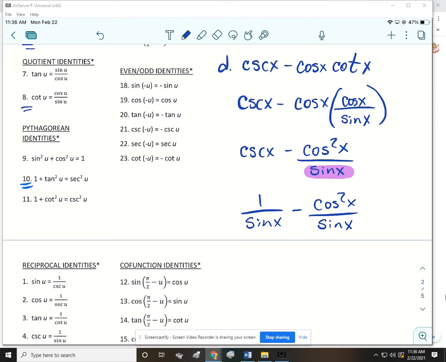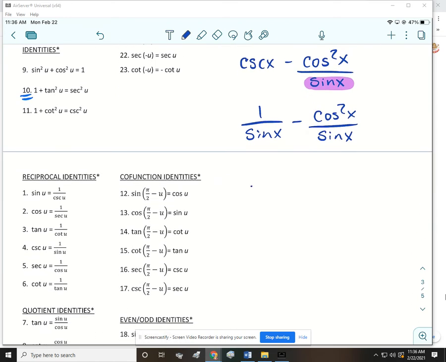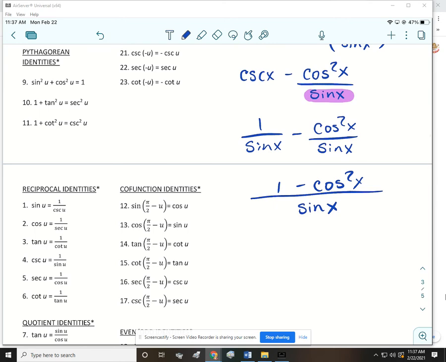All right. Since these have a common denominator, I'm going to make this one fraction with the common denominator as the denominator. The numerator, I can't really combine, so I would just write it as 1 minus cosine squared of x. Whenever you see a 1 and a squared trig function, you're probably going to use a Pythagorean identity, 9 through 11. The one that has 1 and cosine squared is number 9.